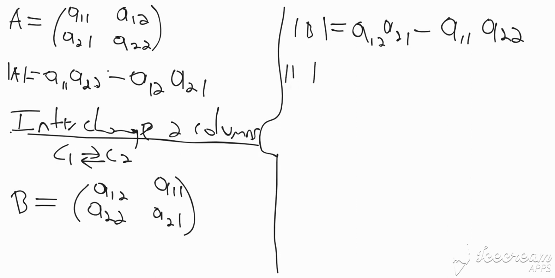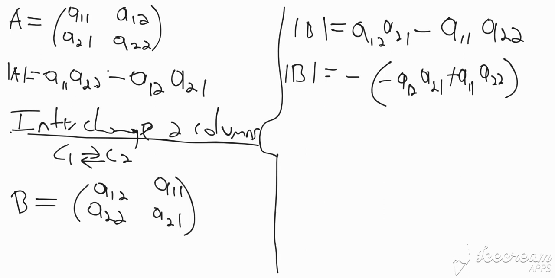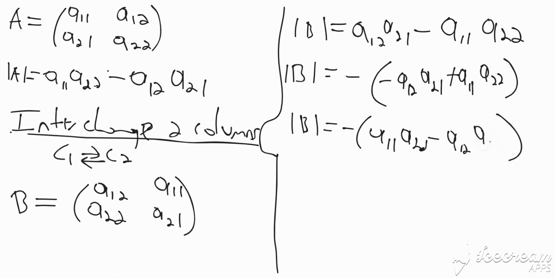So I'm going to have the determinant of B equal to negative A12, A21 plus A11, A22. Because addition is commutative, I can turn that around. So the determinant of B equals the negative of A11, A22 minus A12, A21.